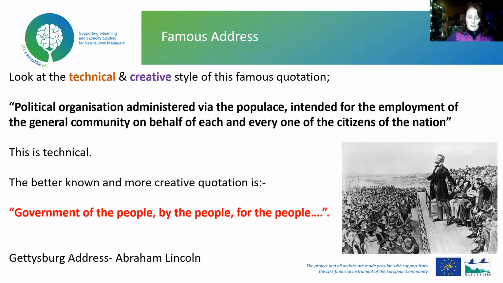A very, very famous speech. Please look it up if you're not familiar with it. And there you see the difference between something that's written in a very technical style and something that's written in a very creative style. And I imagine that most of you relate more to that creative version.